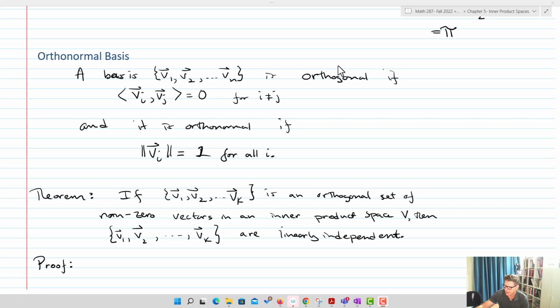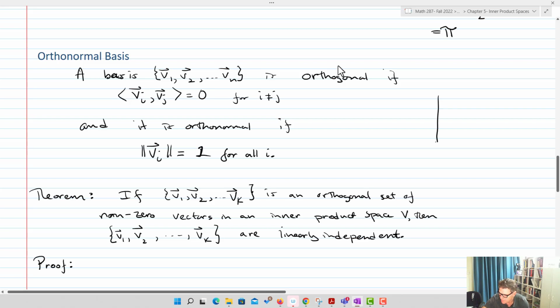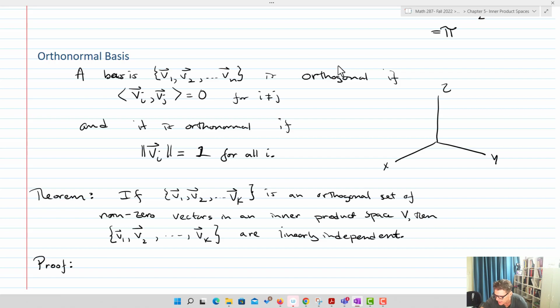Okay? So this ends up becoming a really powerful thing. If you think about it, if you've got the x-axis, the y-axis, the z-axis, say in 3 dimensions, that's an orthonormal basis, right? You just use those standard basis vectors. We can use what we call E1, E2, and E3. So E1, standard basis vector, gives me the x-axis.